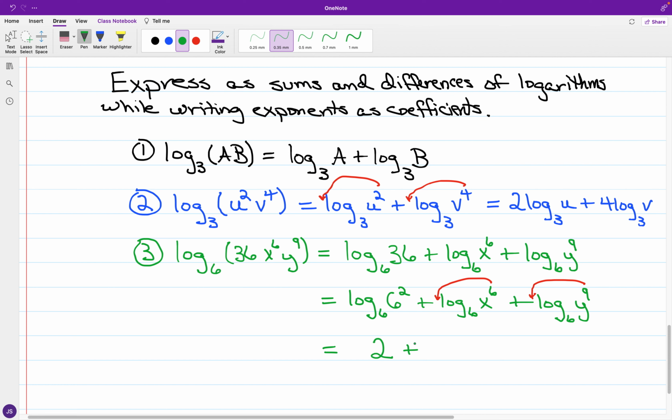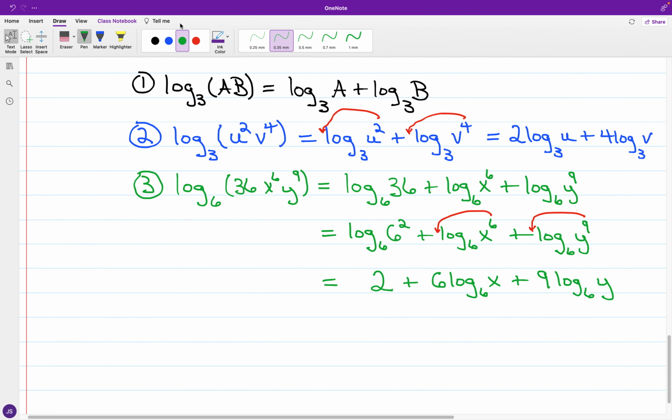So in the expanding, we have 2 plus 6 times the base 6 logarithm of x, then plus 9 times the base 6 logarithm of y. And that'll be the result in this case.